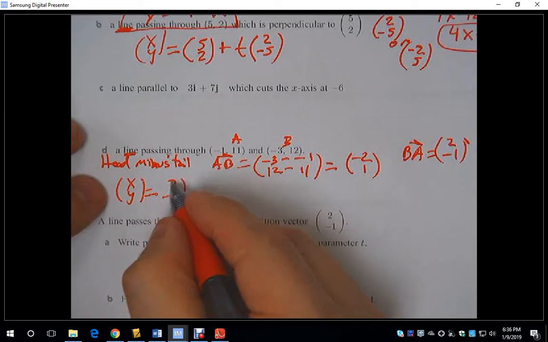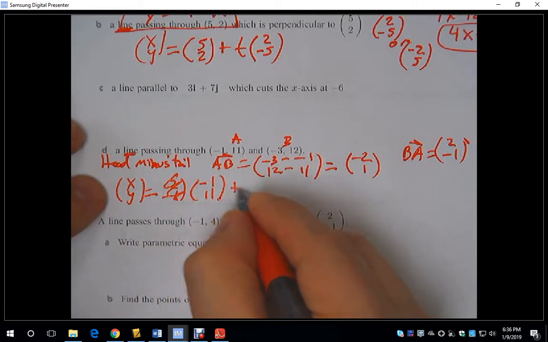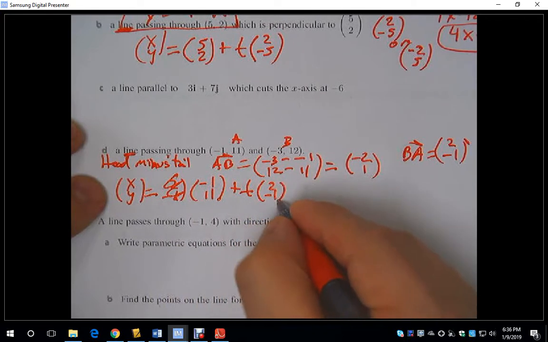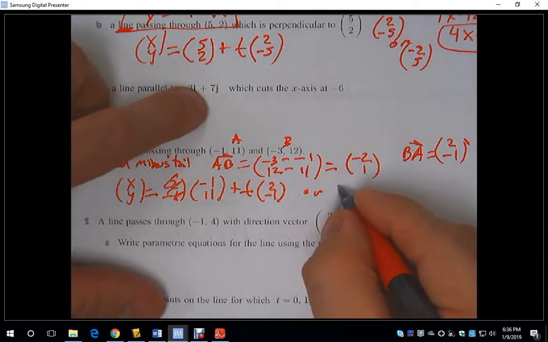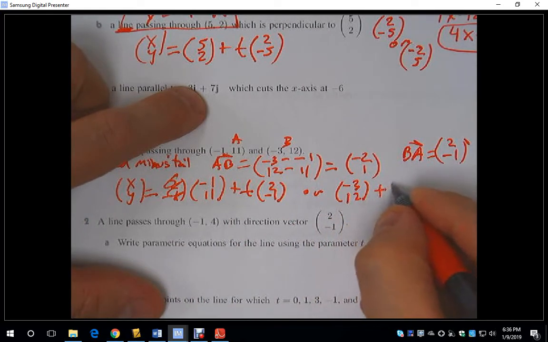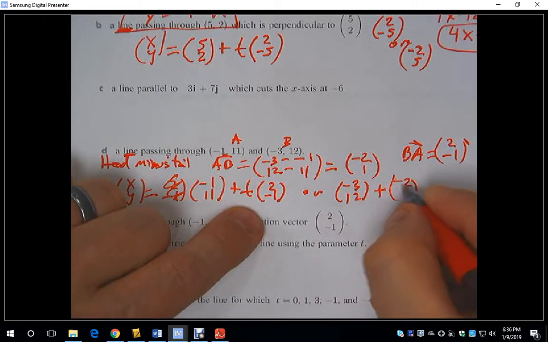No, I have to pick either one of these points. Negative 1, 11, plus t times 2, negative 1, or I could have said negative 3, 12, plus, let's do the other one, negative 2, 1, t.